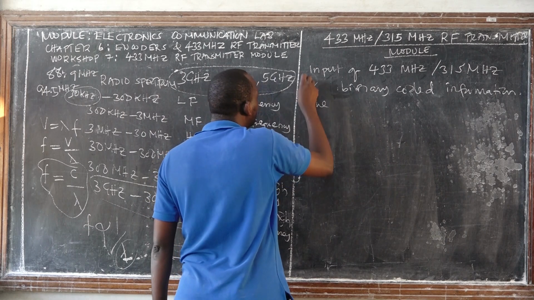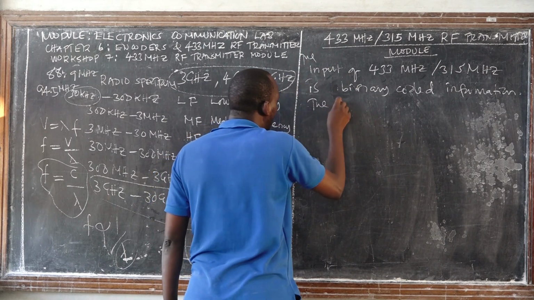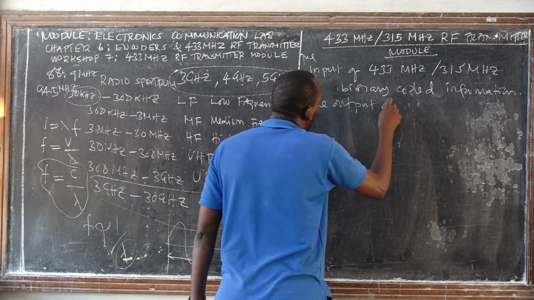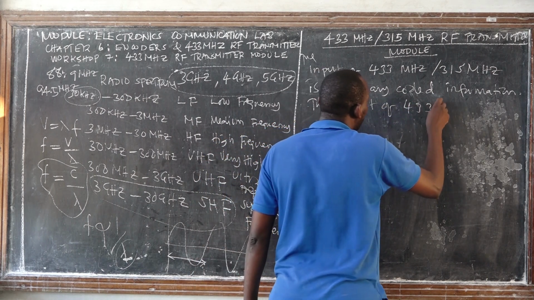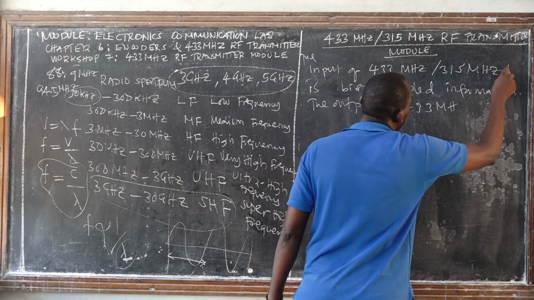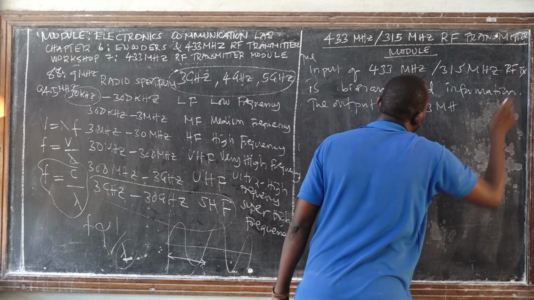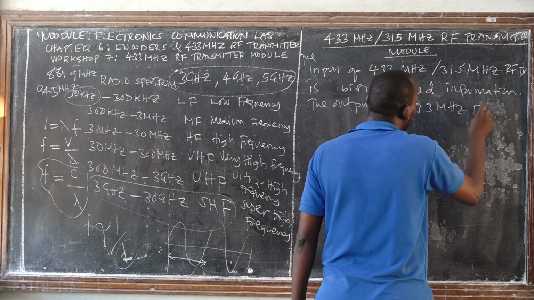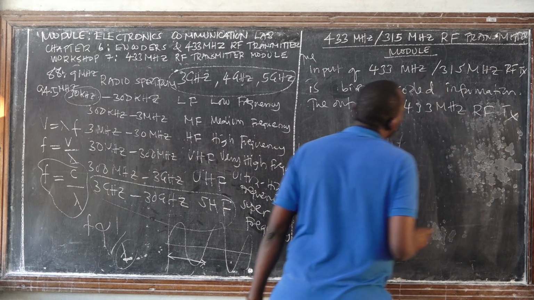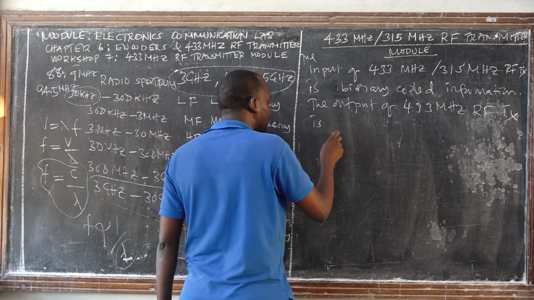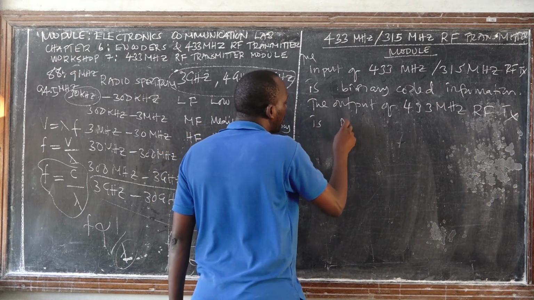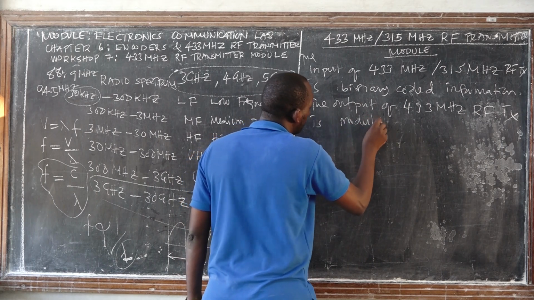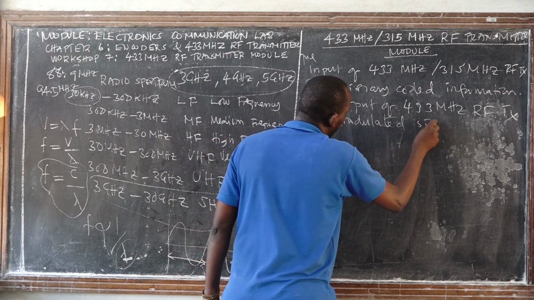Then the output of the 433 megahertz RF transmitter is a modulated signal.